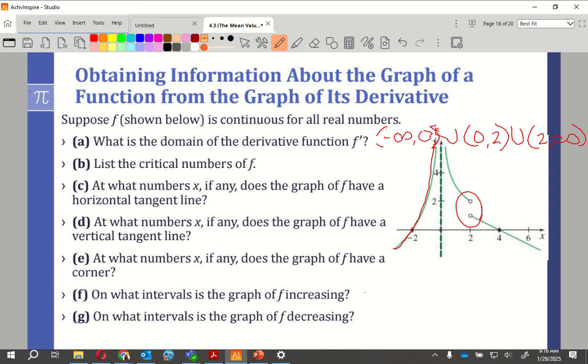Critical numbers of f are at x equals 0 and 2. At what numbers x, if any, does the graph have a horizontal tangent line? Does it have a horizontal tangent line anywhere? None.